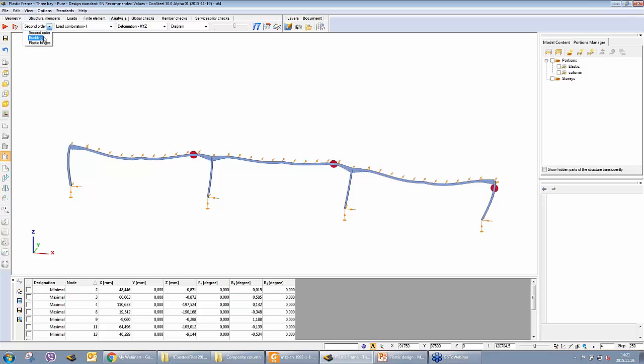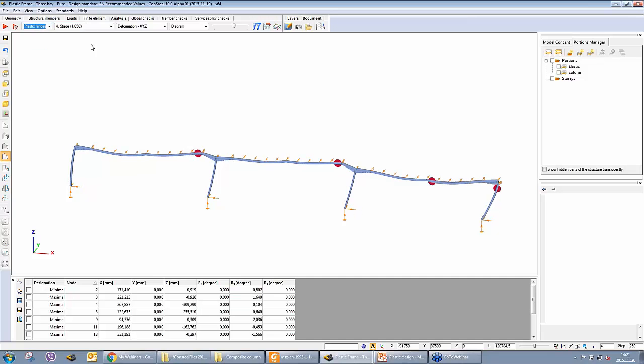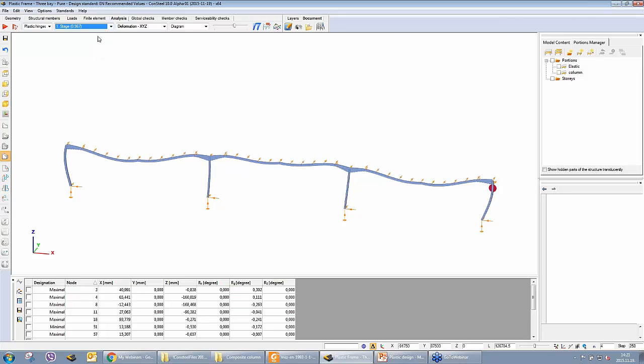and what we see in the plastic hinge history is that we have 3 plastic hinges below the design load level, so below 1. The first one is 0.967, 0.978 and 0.987.